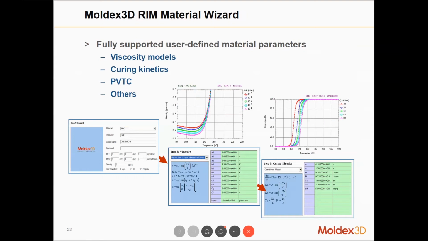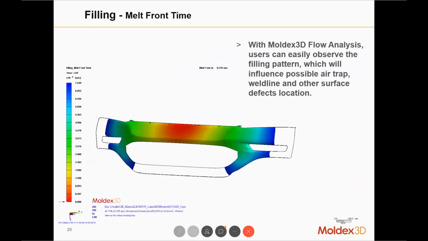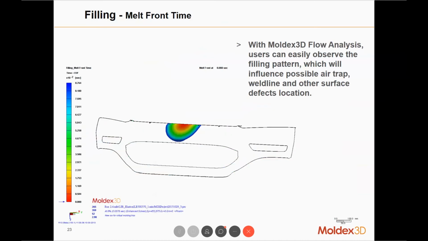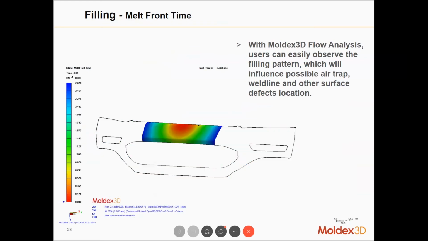Our meshing kernel is also all true 3D and automatic, so the whole pre-processing is very easy and fast. As for the results, after a full analysis, users can look at the filling, curing, cooling, and the deformation, warpage.